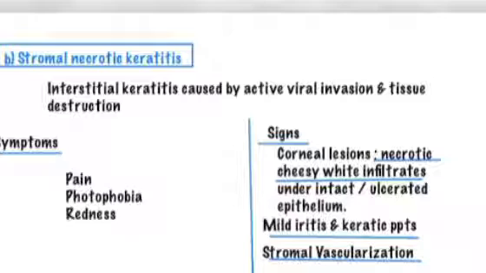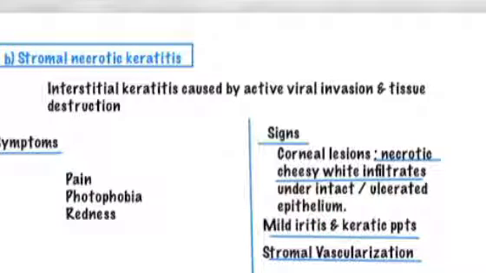Here we are talking about stromal keratitis, so the epithelium can either be intact, which is normal, or it can be damaged also. So either under the intact or ulcerated epithelium, you can find these necrotic, cheesy white infiltrates. Then there is mild iritis, inflammation of the iris, and keratic precipitates.